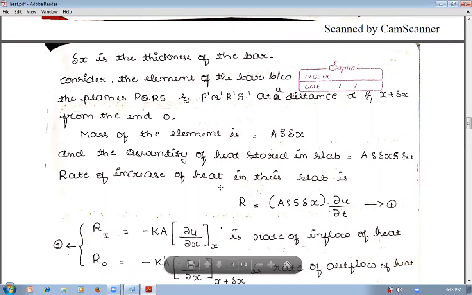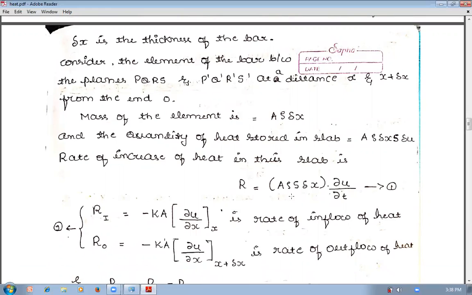The rate of increase of heat in the slab is A rho S delta x ∂u/∂t. Here delta u is replaced by ∂u/∂t. Call it equation 1.